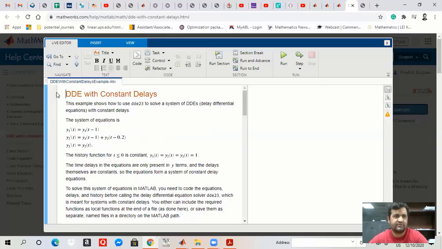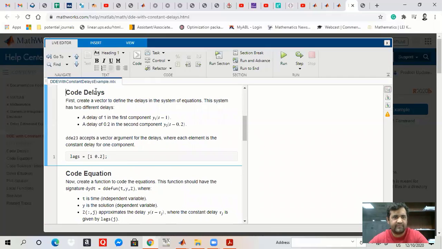So I have to code not only this system of delay differential equations, but also the history function. And then, of course, I can use this MATLAB solver to solve this very simple example.